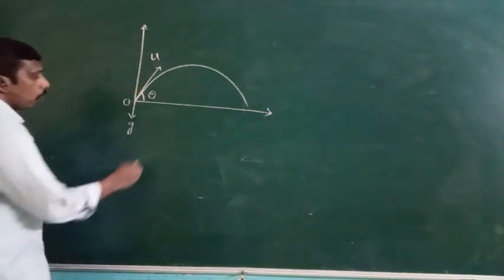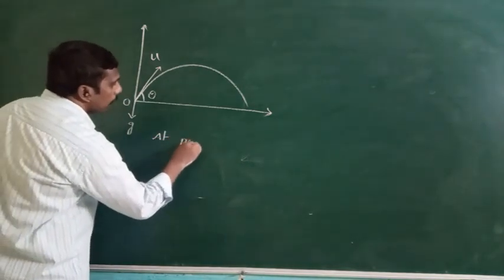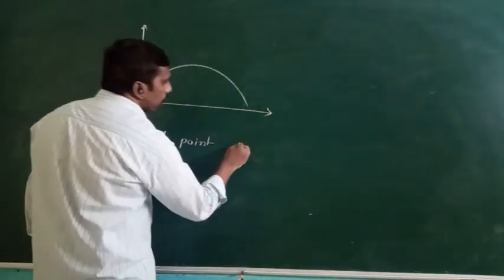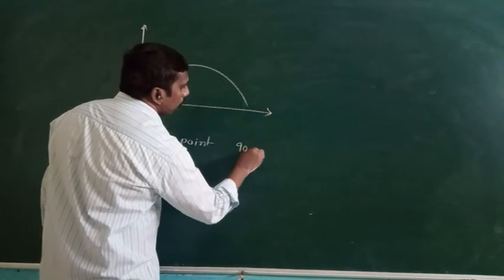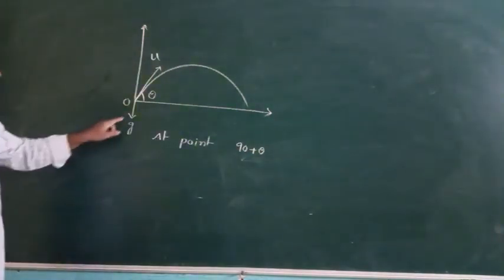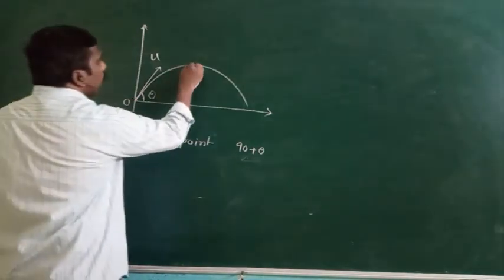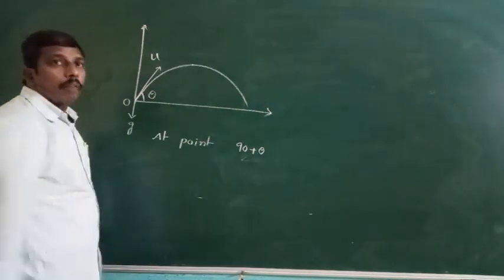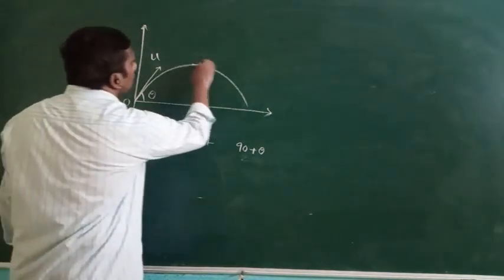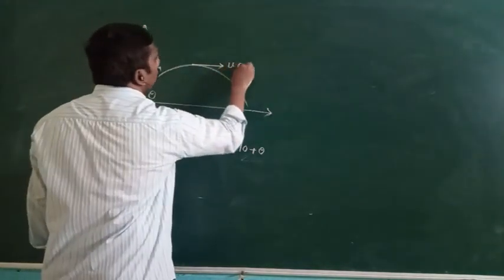So at point O, the angle between velocity vector and acceleration is 90 plus theta. After reaching maximum height, the vertical component of velocity becomes 0, having only the horizontal component, which is equal to u cos theta.